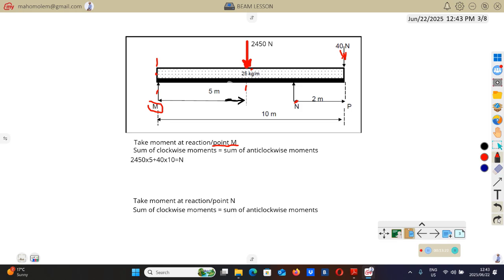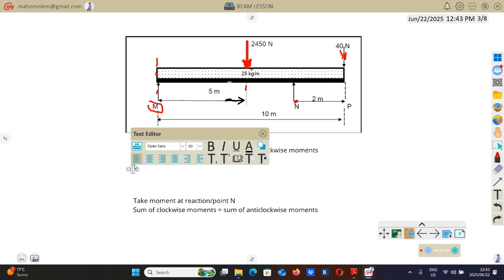So when you make N the subject of the formula, you will have N equals, hopefully, 1581.25 Newton. So that is the reaction at that point.